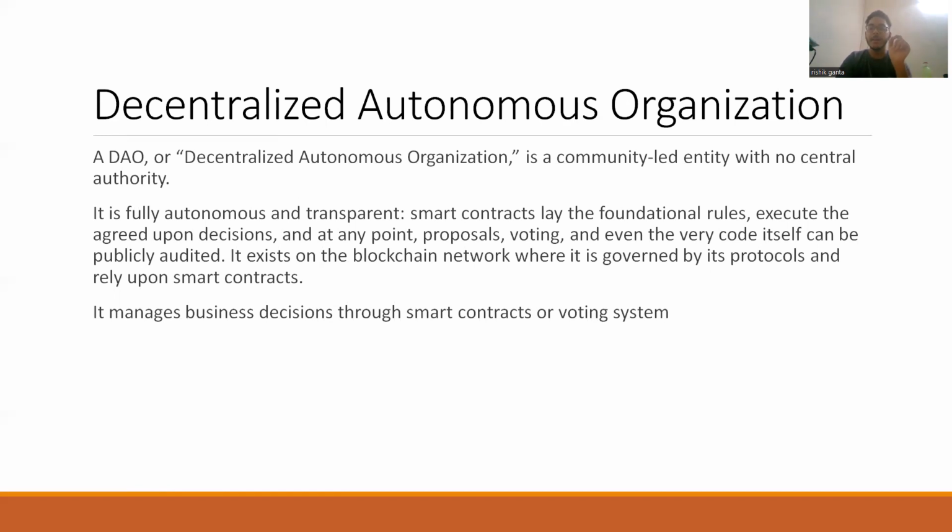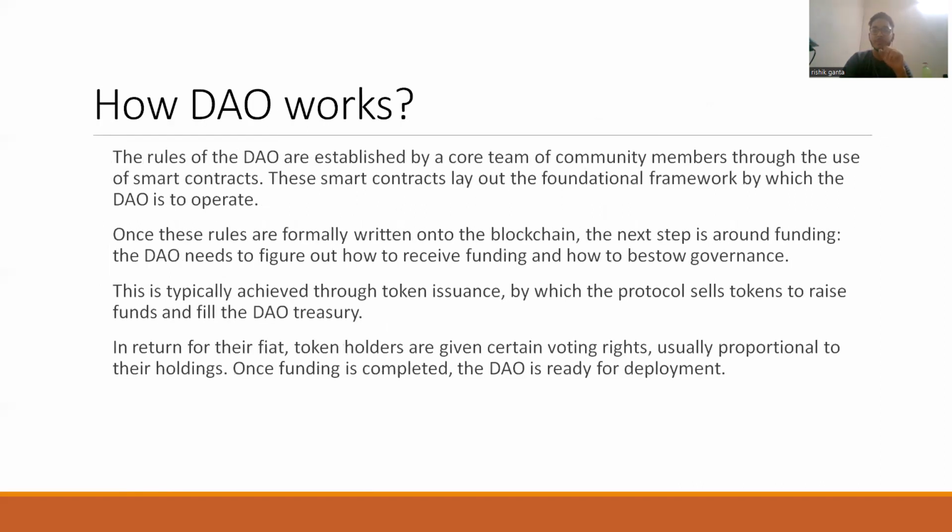Smart contracts execute the agreed upon decisions, and at any point, proposals, voting, or any other decision is made through selling tokens and gaining a voting power. This DAO exists on the blockchain network where it is governed by its protocols and relies upon smart contracts. It manages decisions through smart contracts or voting system.